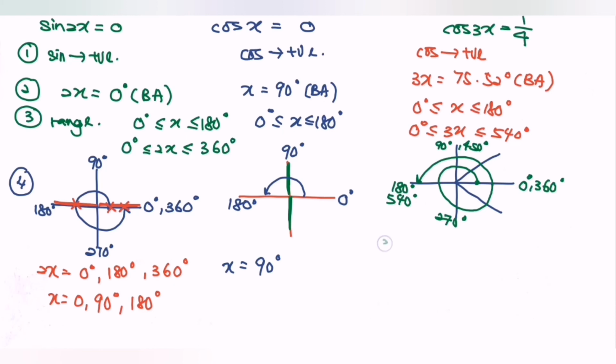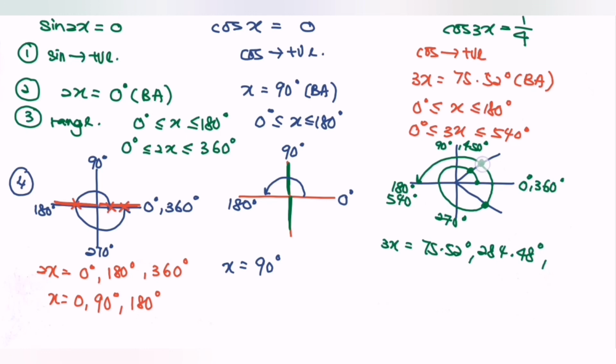So the solution will be 3x equals the first intersection, which is 75.52, followed by 360 minus 75.52, so we will have 284.48.